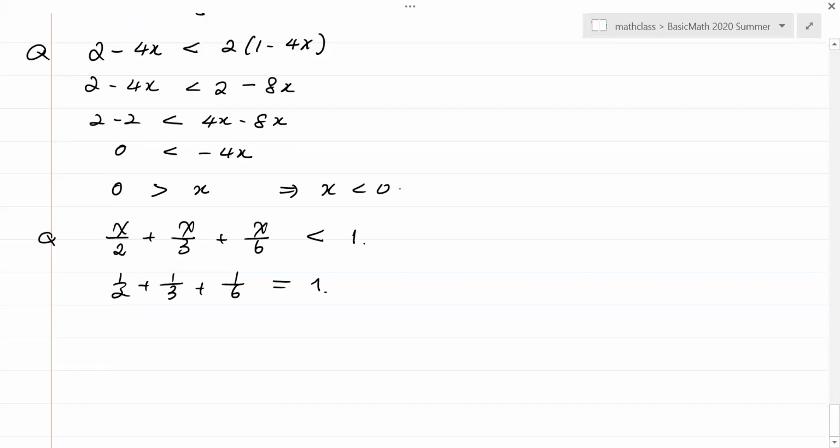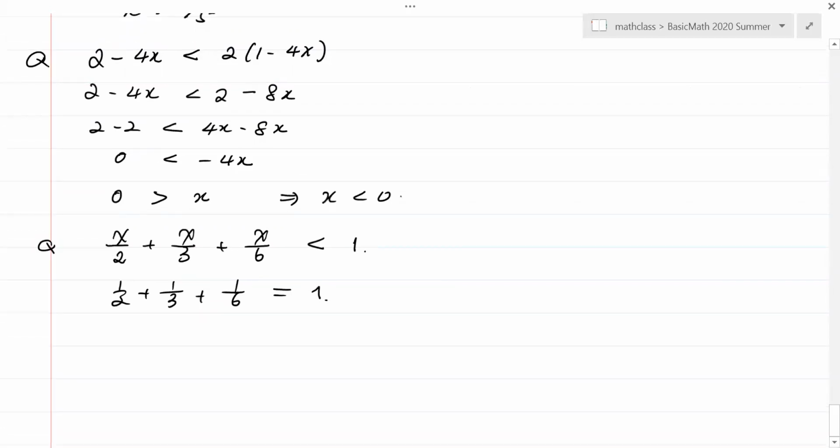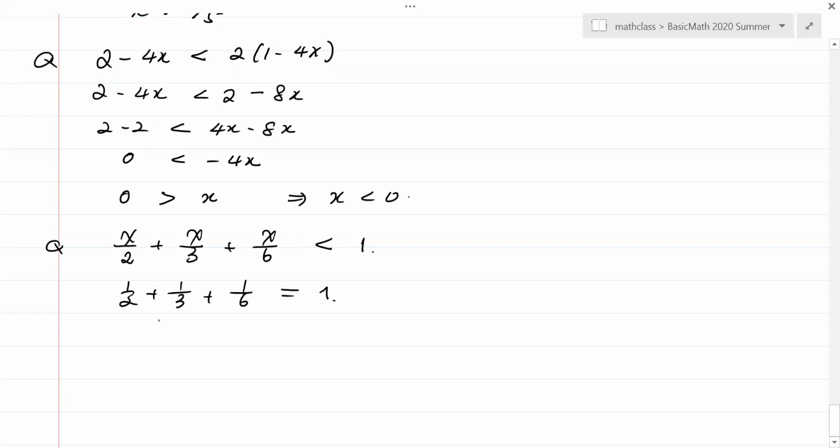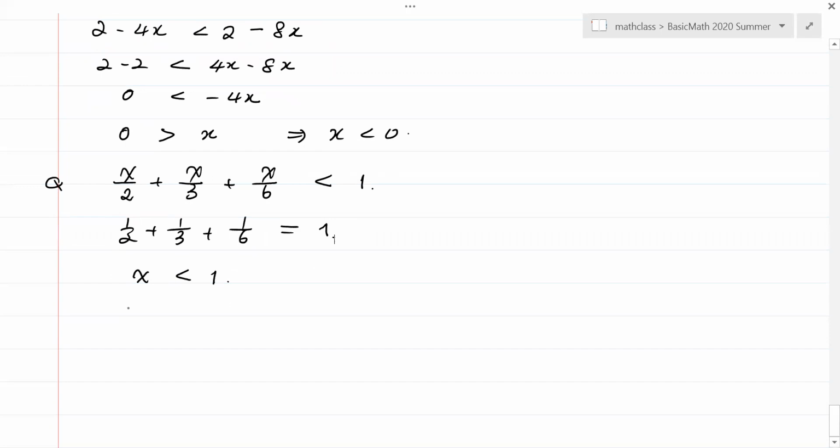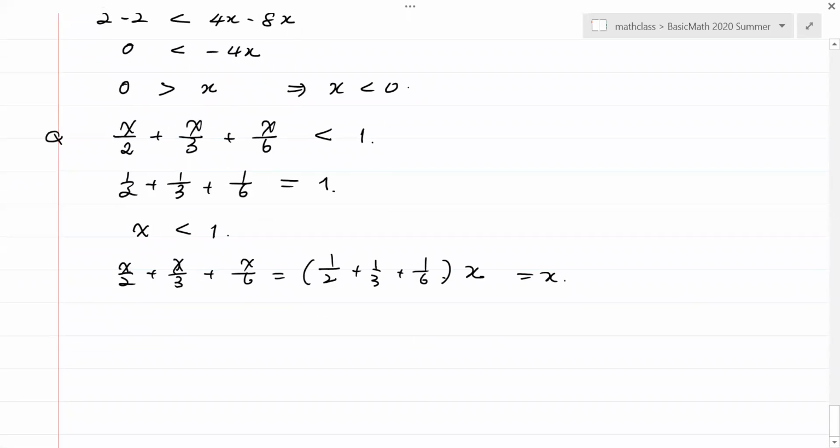So all of them added together on the left-hand side give just x is less than 1, because you can view x over 2 plus x over 3 plus x over 6 as 1/2 plus 1/3 plus 1/6, times x. That's why it's going to be x.